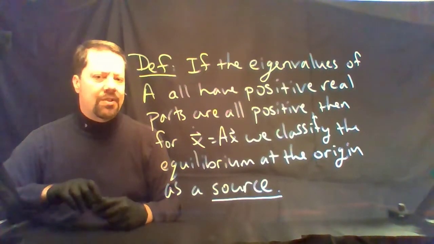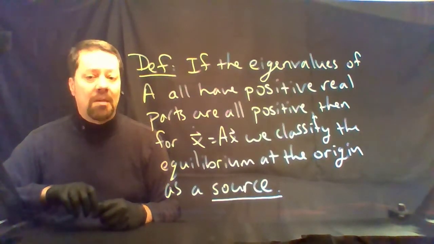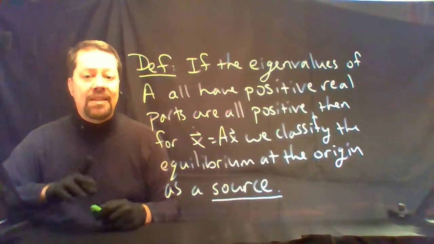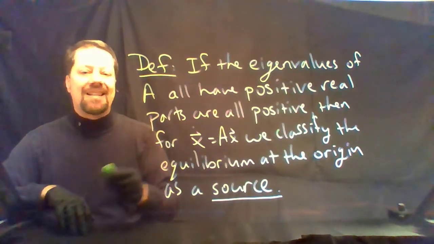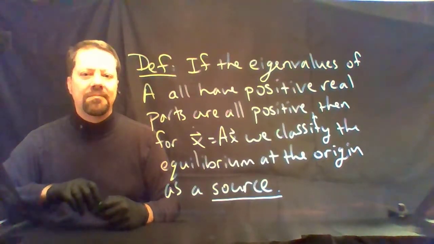This leaves open the question, what happens in the case that you have complex eigenvalues? As we've seen, you get oscillation in those cases. We should look at that in more detail.